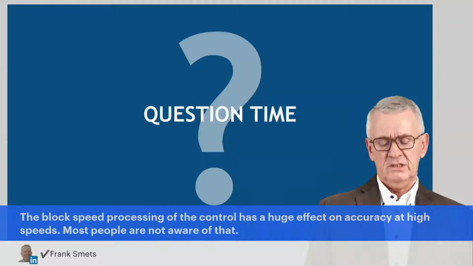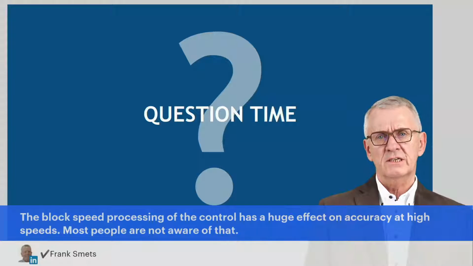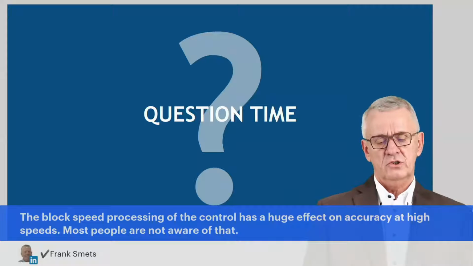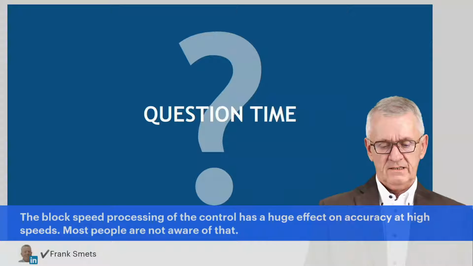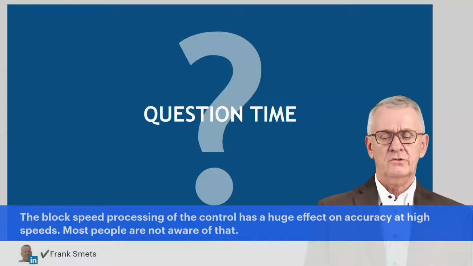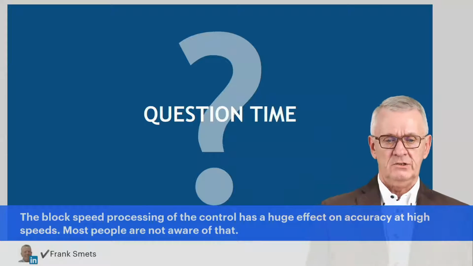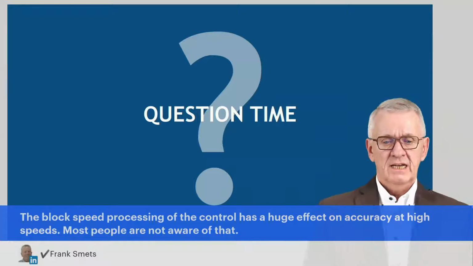The block speed processing, and that's why over time there have been different approaches developed for that. There is something called NURBS programming, where we try to make it possible to machine at extremely high speeds, and that block speed processing is not a limit, or is less of a limiting factor. But a very correct statement.